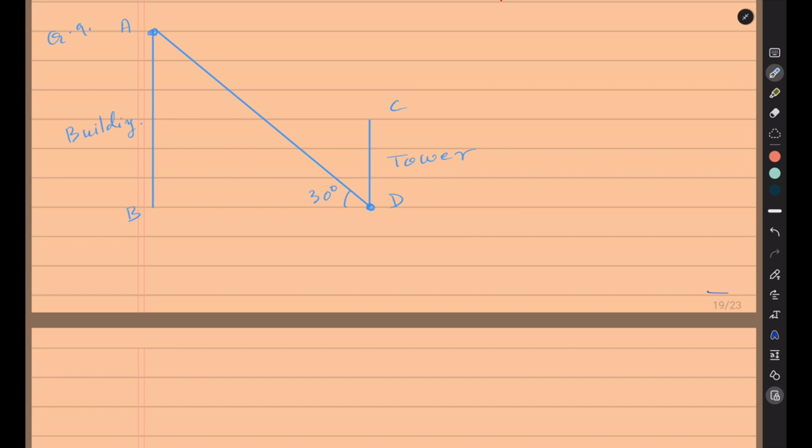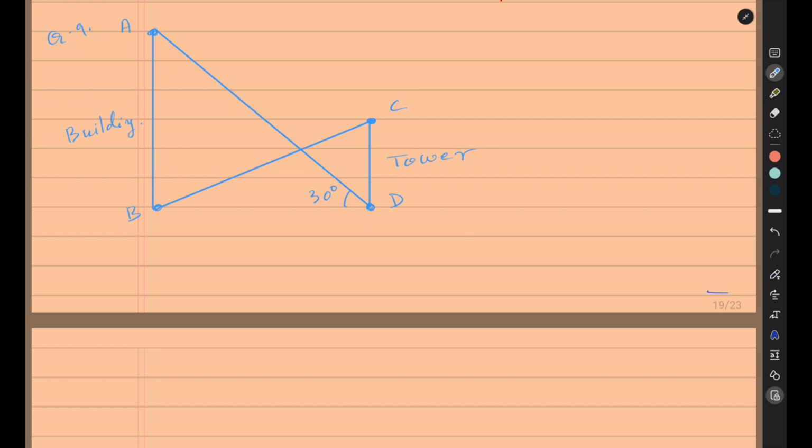And the angle of elevation of the top of the tower from the foot of the building is 60 degrees. I think it is a little incorrect diagram.